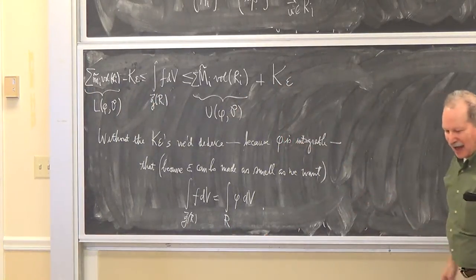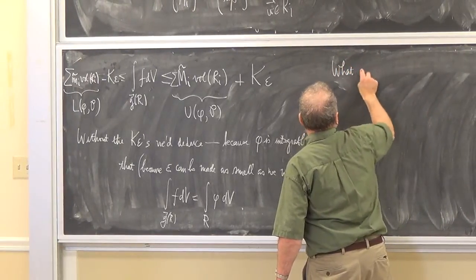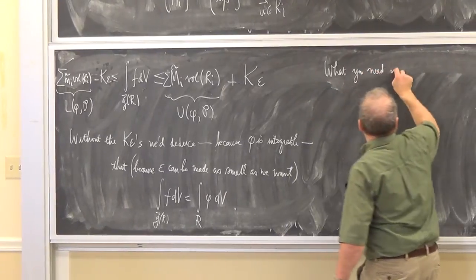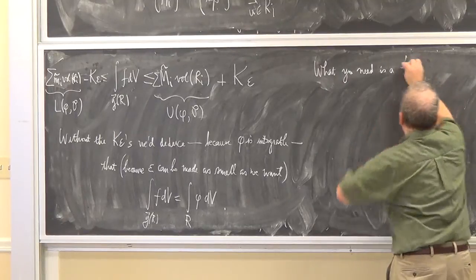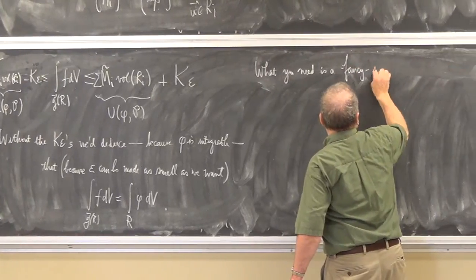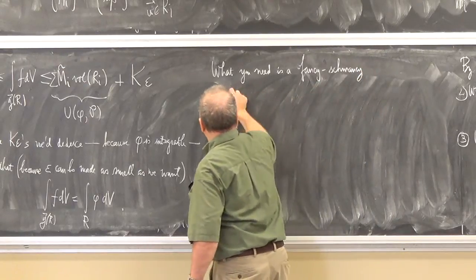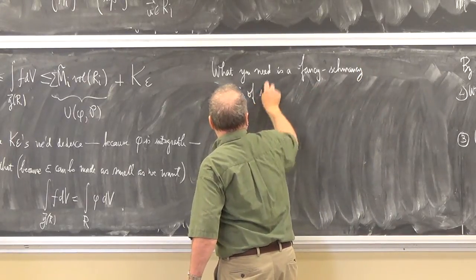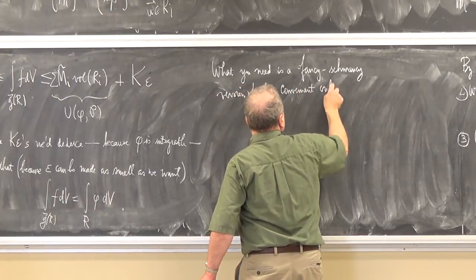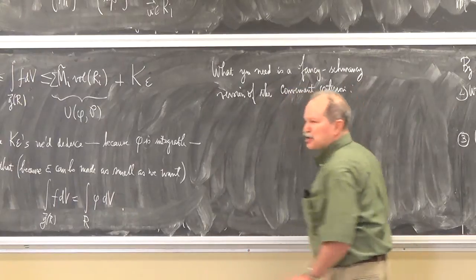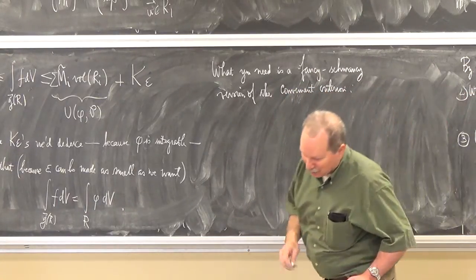And so I'm not going to have the time to write out the argument, although it is in the book. What you need here is a fancy schmancy version of the convenient criterion. You need a convenient criterion that basically allows you to be within epsilon of being sandwiched between upper and lower sums.